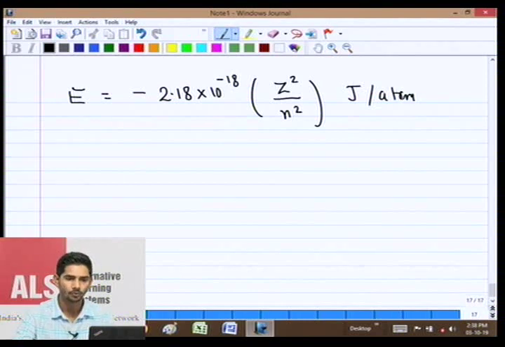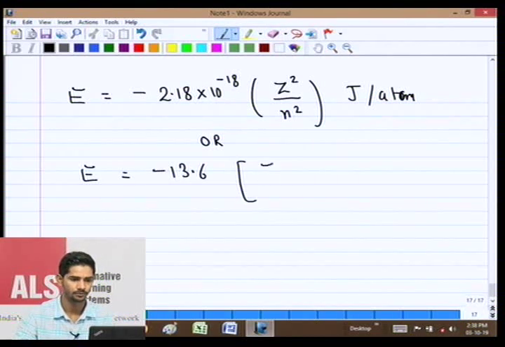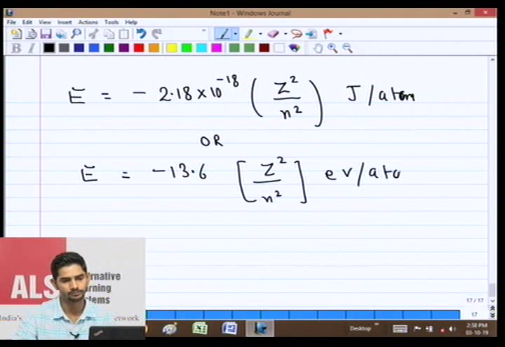Most of the time you will find the energy in electron volts, another unit of energy. In that case you will directly use this formula: minus 13.6 Z square upon n square electron volt per atom. These are your final required formulas that you have to remember.